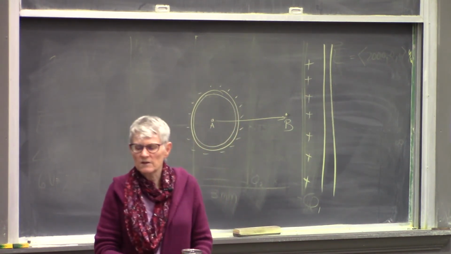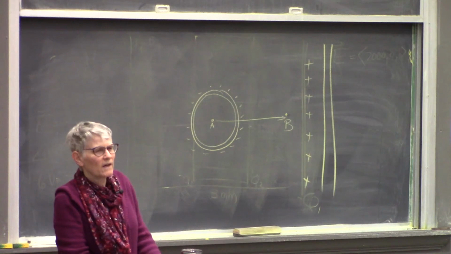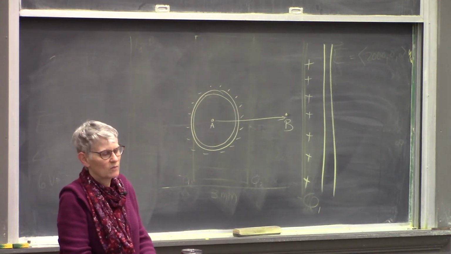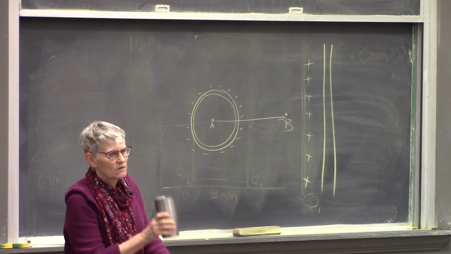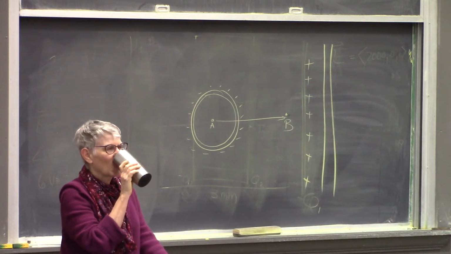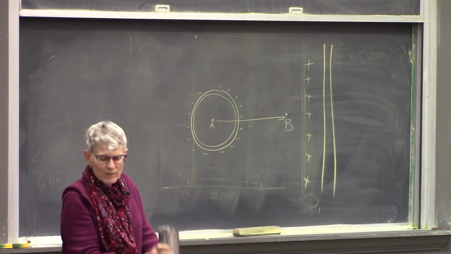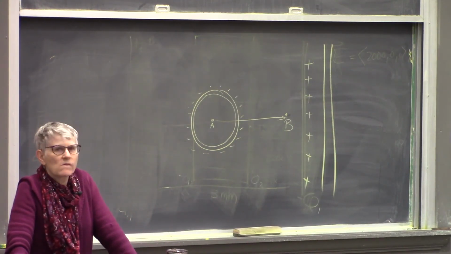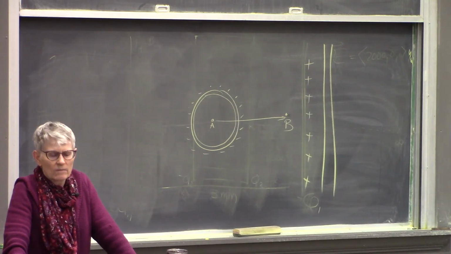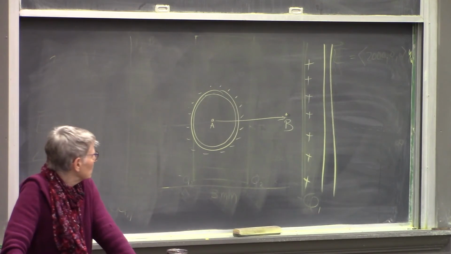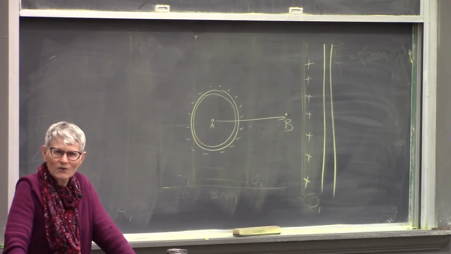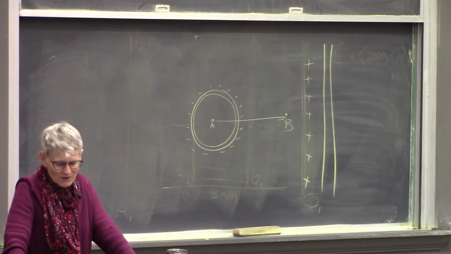So we want VB minus VA. What's our plan? How are we going to approach this? We have two sources of field. Yeah, so therefore they're insulators, because if they weren't insulators, they wouldn't be uniformly charged.